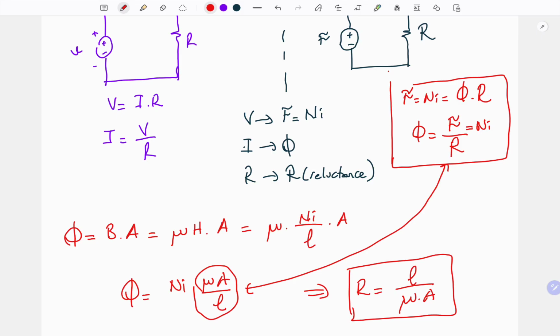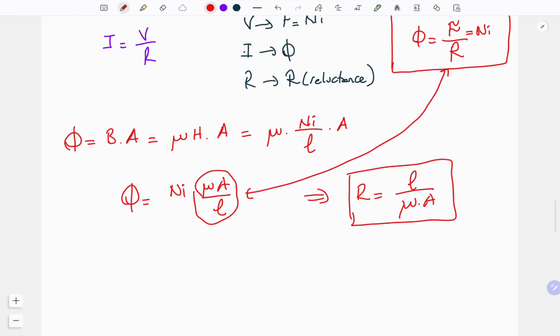In addition to this, we can follow the relations of electric circuits in the magnetic circuits for calculating the total reluctances. For example, for series connected reluctances, our equivalent will be R1 plus R2 plus, and it can continue.